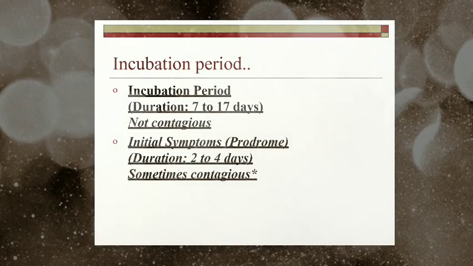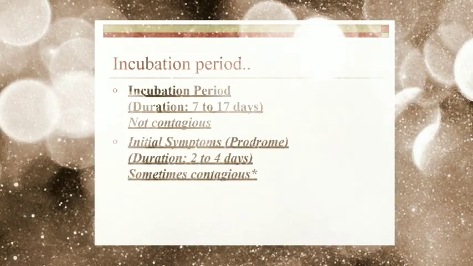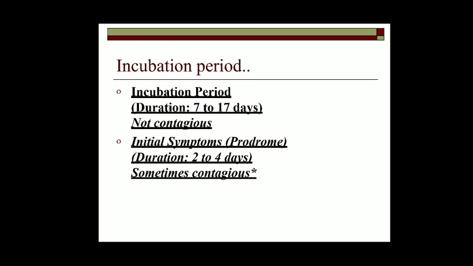Once the incubation period is completed, it will start producing the initial symptoms. The first one is called prodrome. The duration is about 2 to 4 days, and it is capable of contaminating other persons.